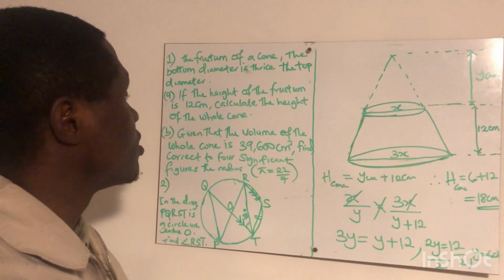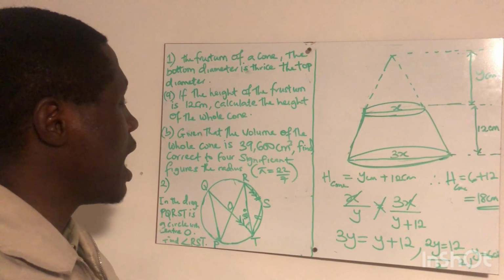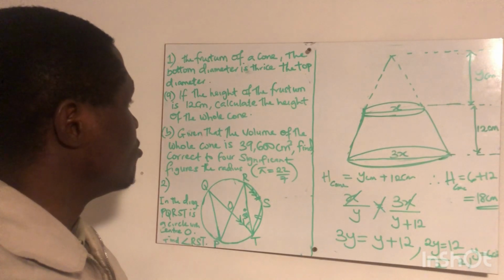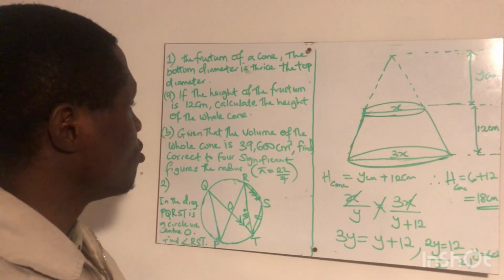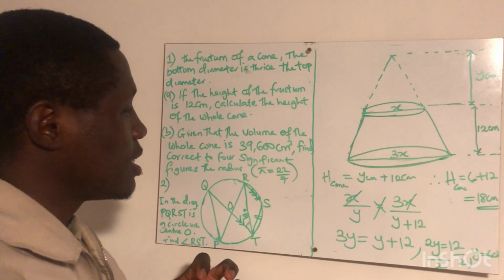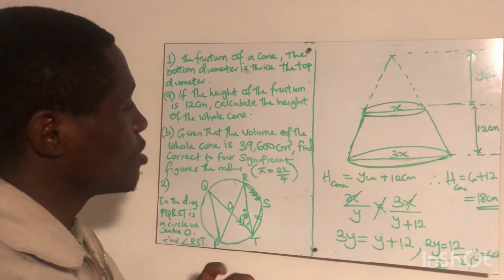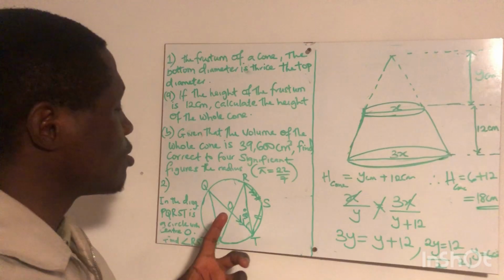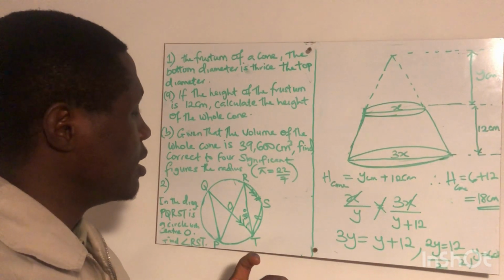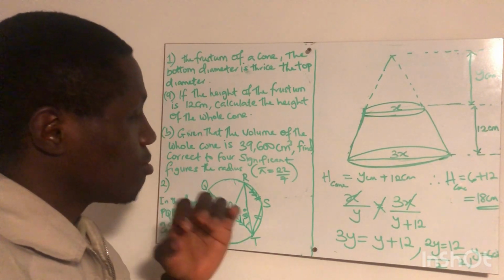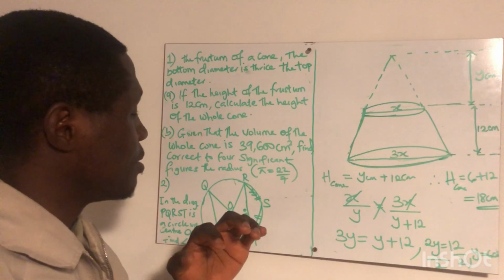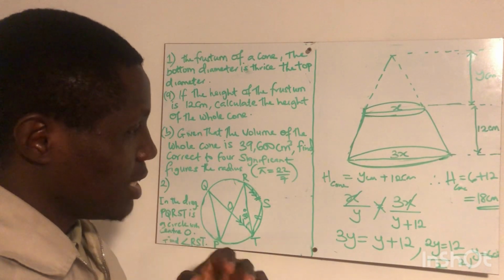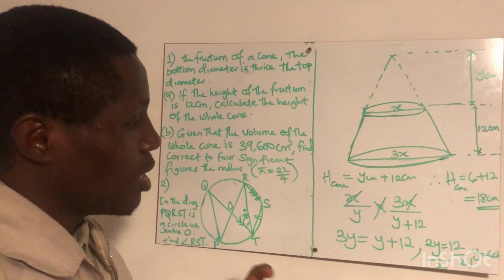Having gotten the A aspect of the question, we are asked to calculate the volume. They said, given that the volume of the whole cone is 39,600 centimeter cube, find, correct to first significant figure, the radius. Why are they giving us this?